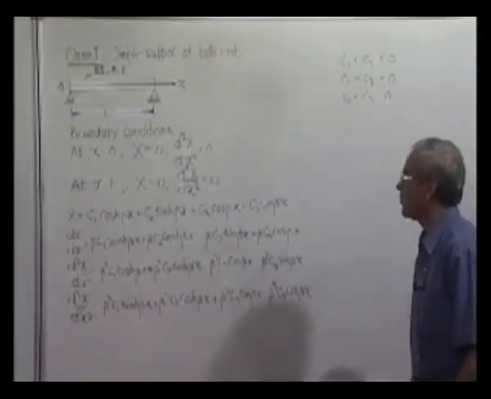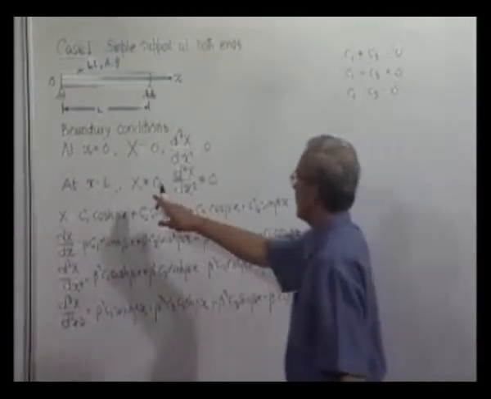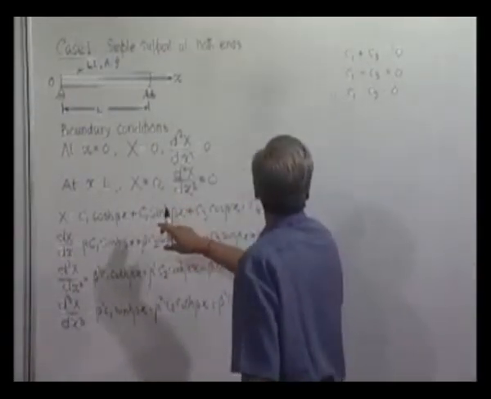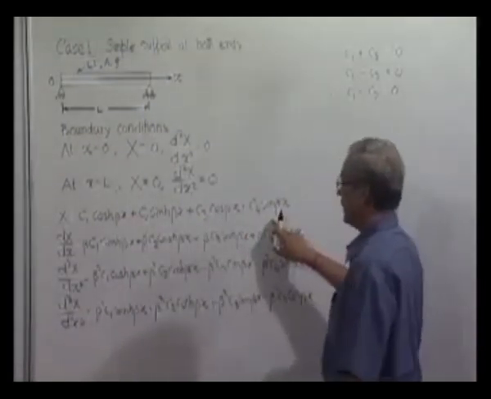So now let us put the condition at x is equal to L. At x is equal to L also x is equal to 0. Remember now that the C1 and C3 terms are gone, so only these two terms remain.